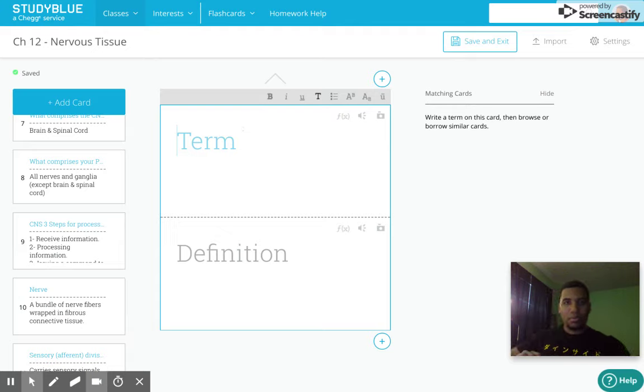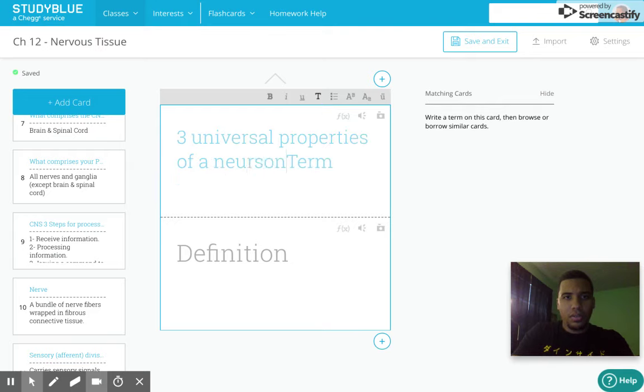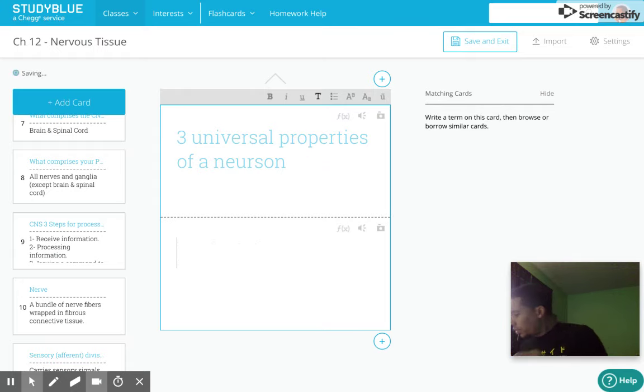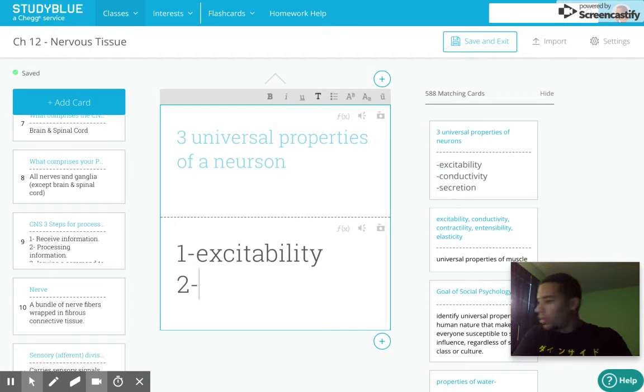So the 3 universal properties of a neuron. Number 1, excitability. Read more on that on slide 12-13. We have conductivity.